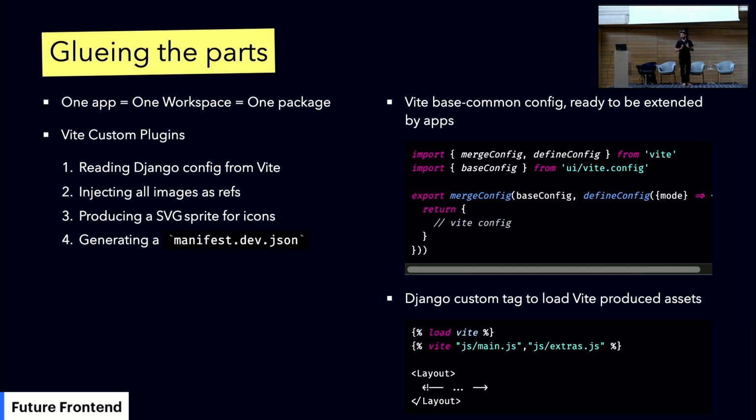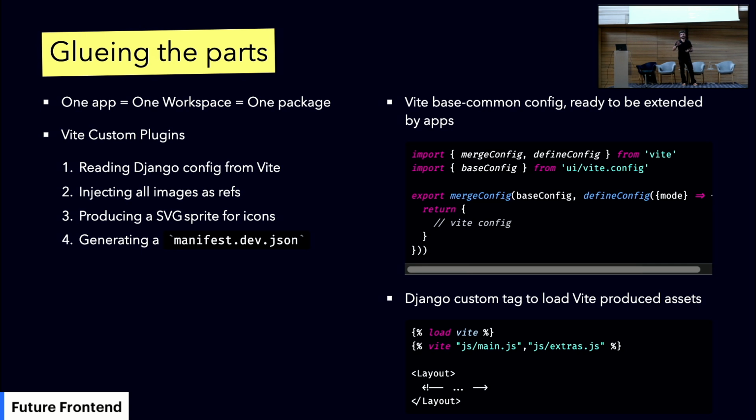The first one was reading the Django config directly from Vite. Because if you want to start with having a design system powered by Vite to package a web application, Django also needs to know where to contact Vite when you are running in development mode, or where to put the different assets generated and so on. You can have different sources of truth for the configuration too.